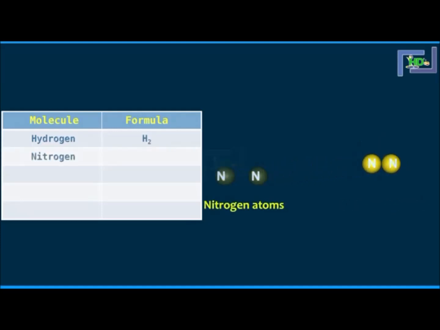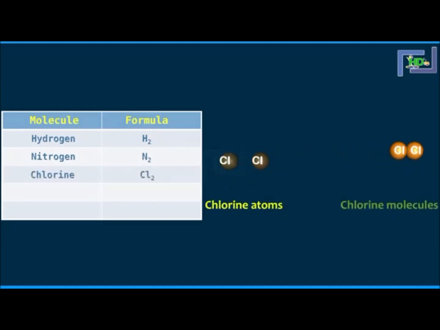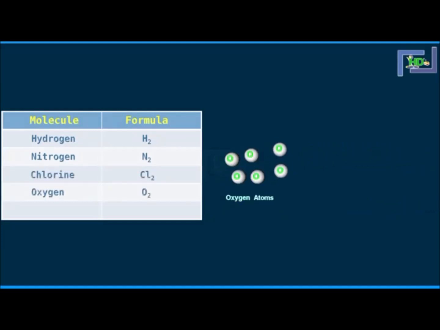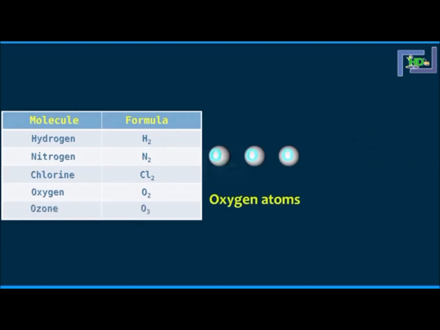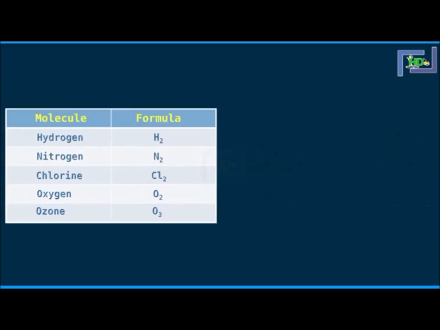Or two nitrogen atoms combine to form a nitrogen molecule, the formula is N2. Chlorine, Cl2. Oxygen, O2, that means two oxygen atoms are combined to form an O2 molecule. Ozone, O3, that means three oxygen atoms are combined to form an ozone molecule.